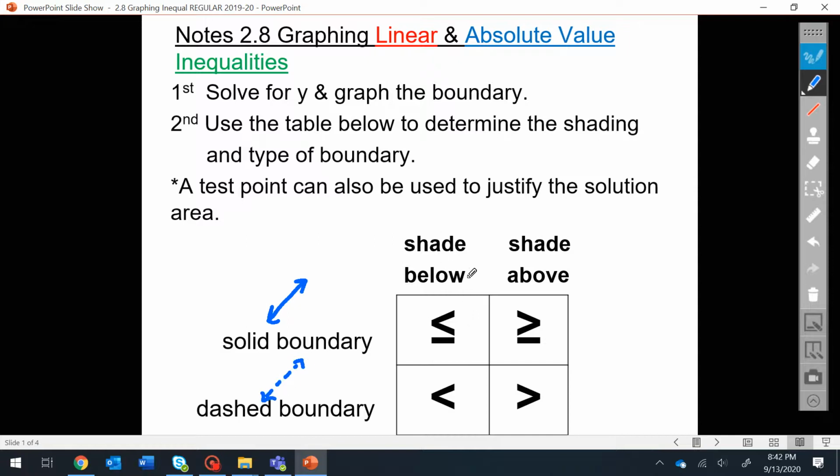For the shading, if the symbol is opening towards the right, you shade below, so down under the line. And if the symbol is opening towards the left, you shade above the line. Okay? So not only do we need to know how to graph it, we now need to use the symbol to show us how to shade it.